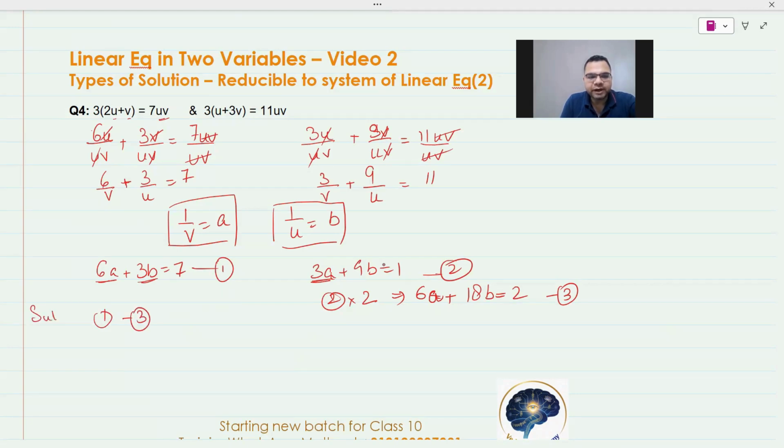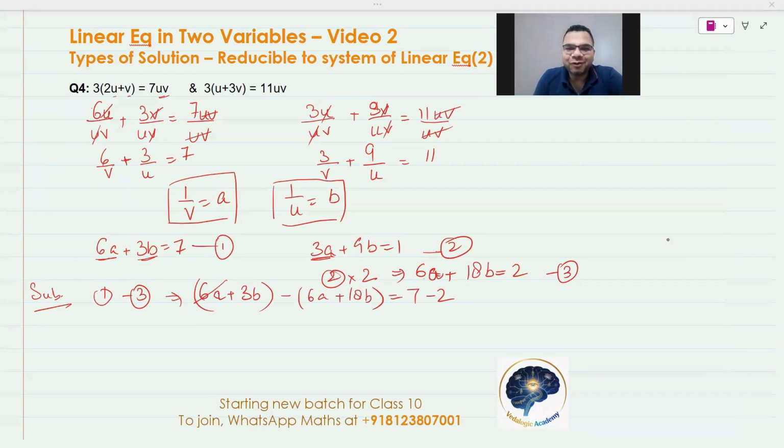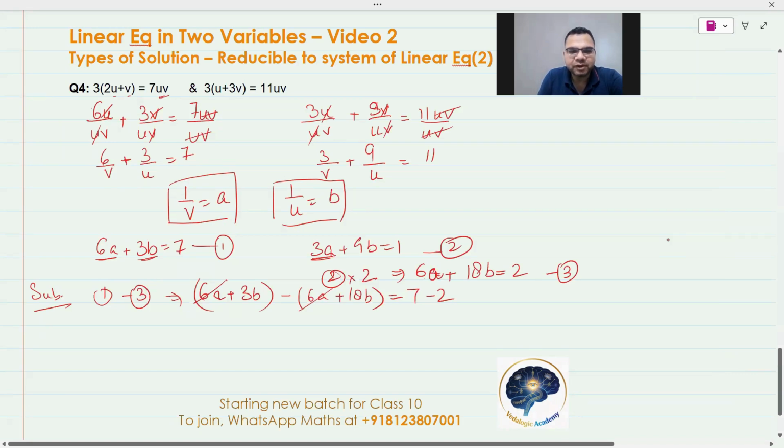So you can write, subtracting the third equation from 1, which becomes 6a minus 6a. Okay, let me write it down so that it becomes clear to you. 6a plus 3b minus 6a plus 18b equals 7 minus 2. Since we are subtracting it, the 6a and 6a get subtracted, right?